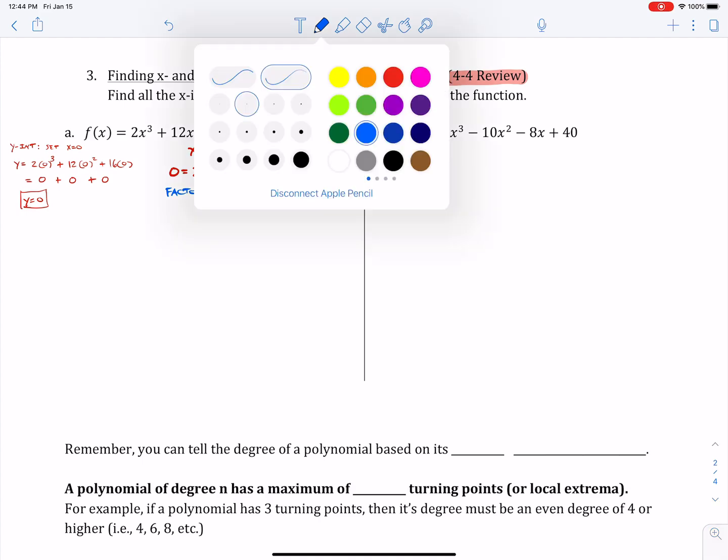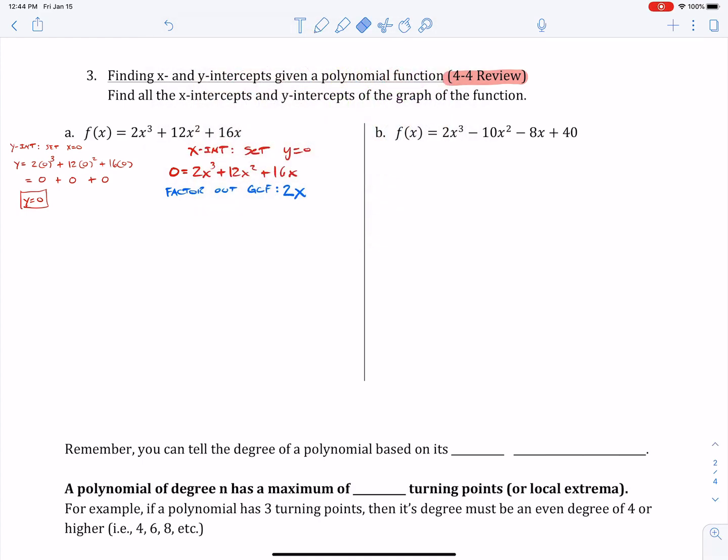Once I factor that out, I get 0 equals 2x times the polynomial, and I'm left with x squared plus 6x plus 8.